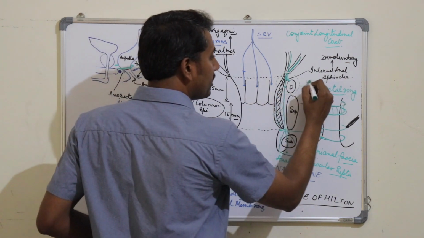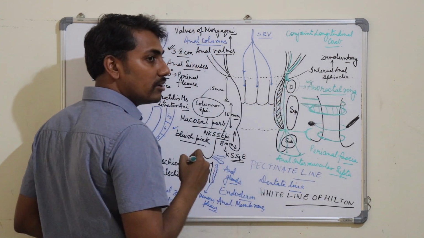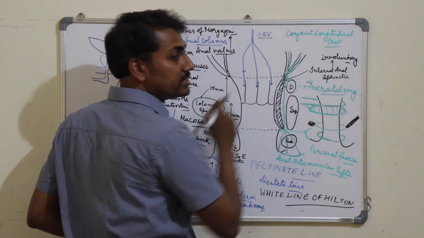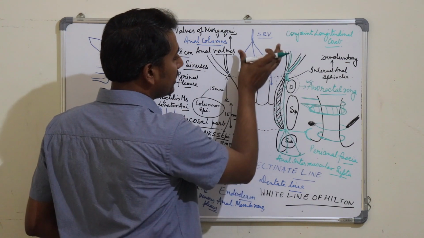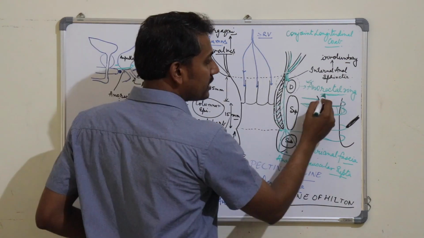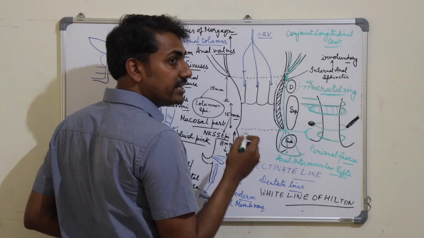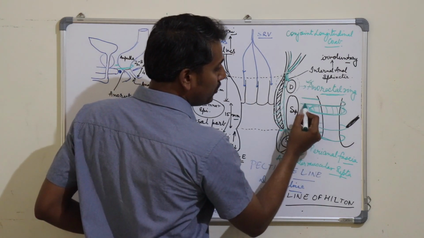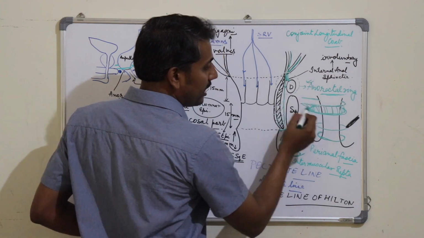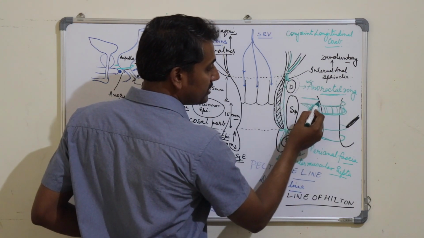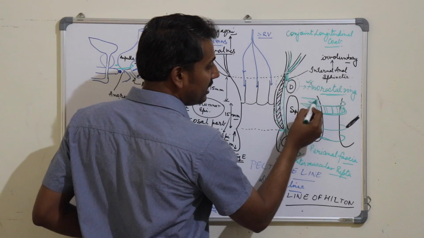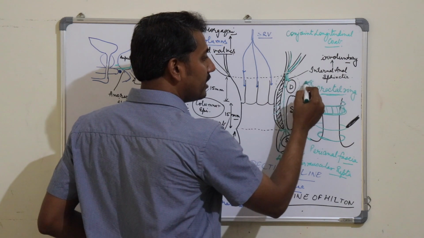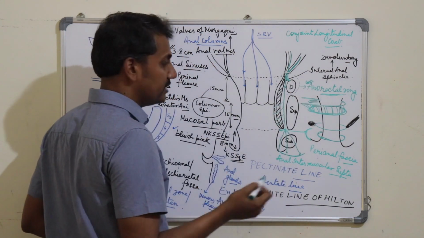This anorectal ring is very important for the continence of the rectum, and any subdivision of this ring will lead to rectal incontinence. This anorectal ring is deficient anteriorly, as we can see in this diagram. This was the puborectalis muscle, and the puborectalis muscle here we can see is deficient anteriorly. So in this region, that is anteriorly, the anorectal ring is deficient or weak.